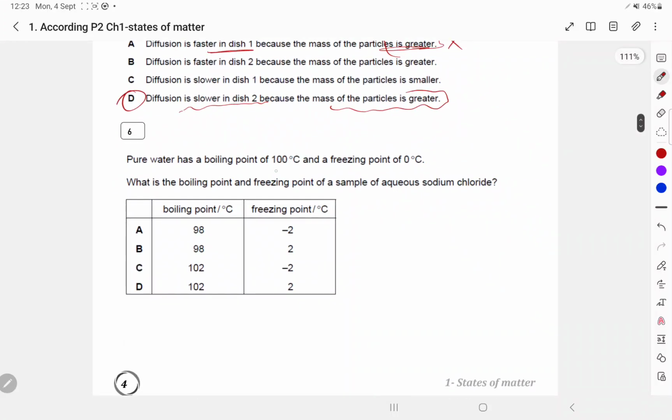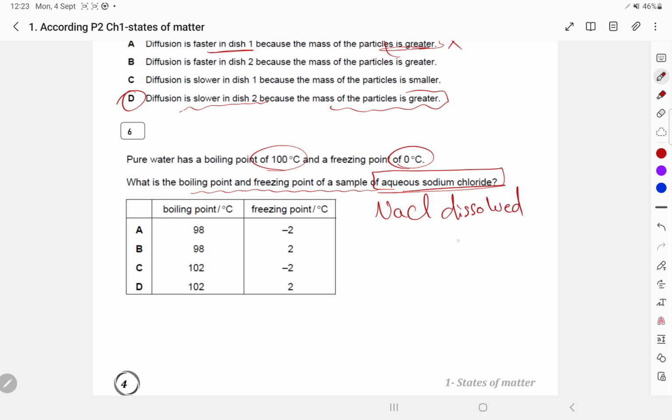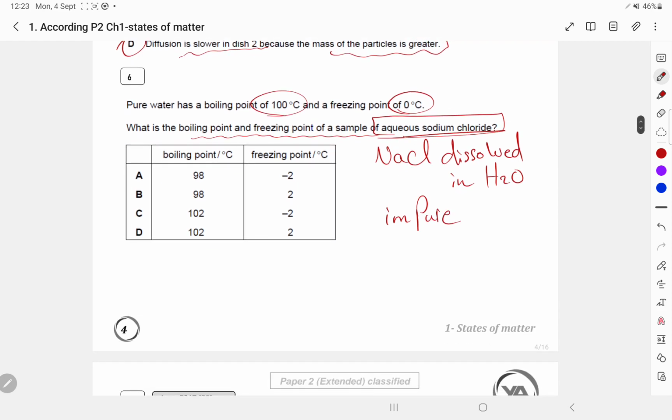Pure water has boiling point 100, freezing point 0. What is the boiling point and freezing point of a sample of aqueous sodium chloride? Aqueous sodium chloride means sodium chloride dissolved in the water, which means that the water is impure. You have to know that adding impurity lowers the melting point and raises the boiling point.